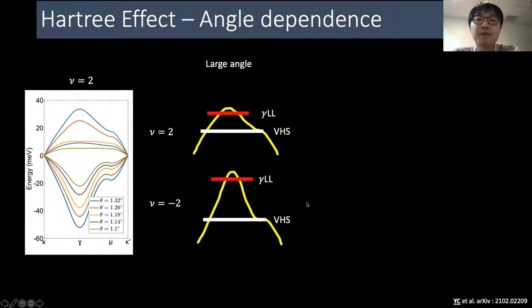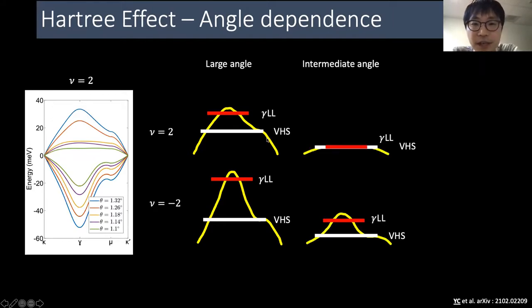Another way to verify this band deformation is to check the angle dependence. So let's look at the shape of the conduction band. At large angle, due to the Hartree effect, nu equals -2 is more curved than +2. And the gamma Landau level is away from the band of singularity. As we lower the angle, the bandwidth becomes narrower because we are approaching the magic angle.